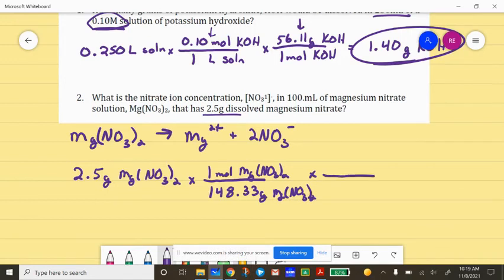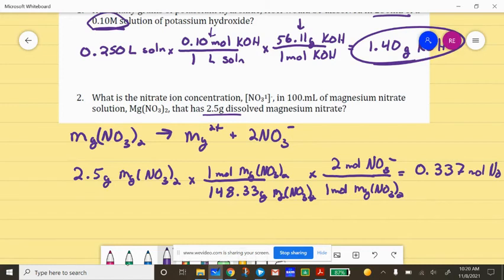And I know according to my equation up top that for every 1 mole of magnesium nitrate that I dissolve, I end up with 2 moles of nitrate ions. That gives me 0.337 moles of nitrate, NO3 minus.